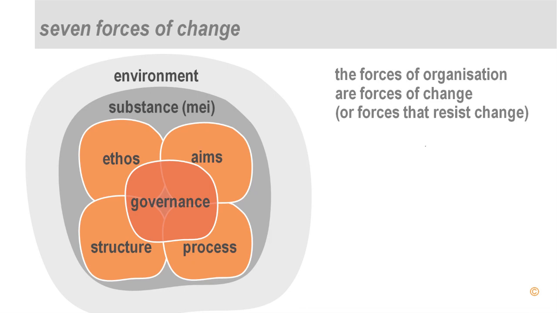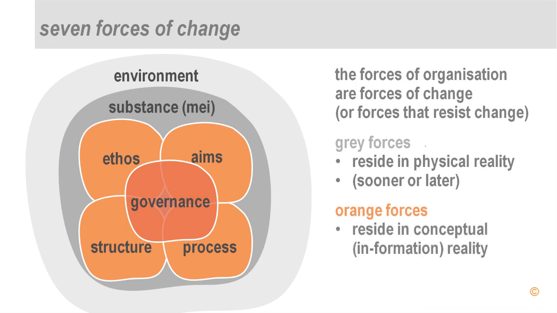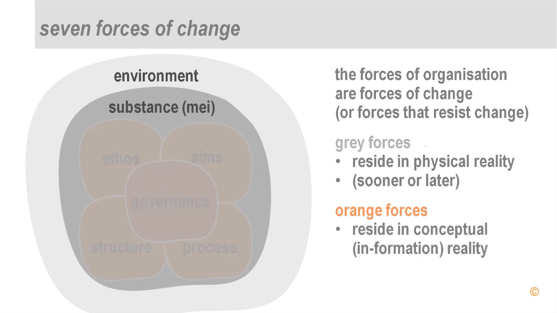What we maybe have not highlighted sufficiently yet is that some of those forces exist in physical reality. We indicated that with the color gray, like in the previous slide. So substance of a system and the environment reside in physical reality, while the ethos, aims, governance, process, structure reside in conceptual reality.